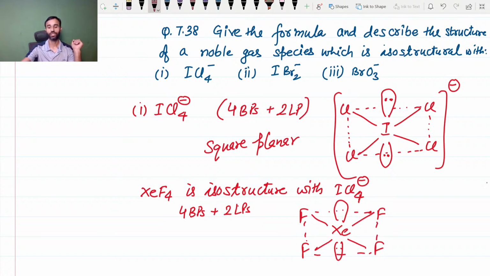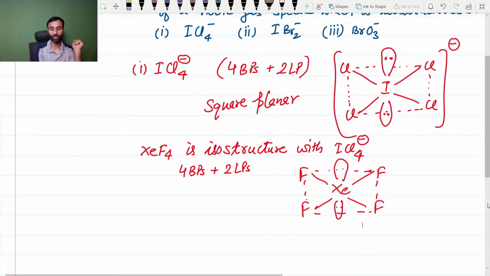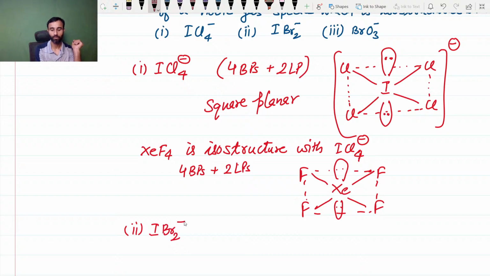Okay. The second one is IBr2 negative. In IBr2 negative, there are 2 bond pairs, because 2 bromine atoms are attached to iodine. And iodine has 7 valence electrons and 1 negative charge.